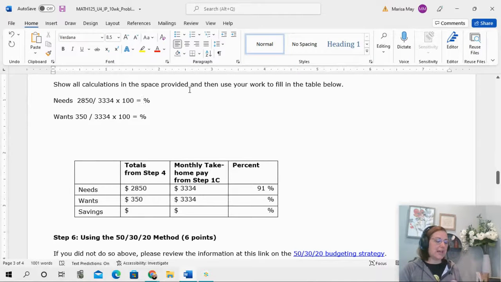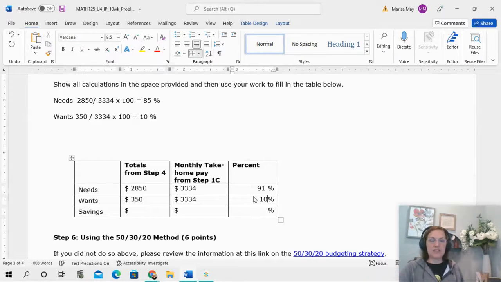So let's do that division in our calculator and then multiply by 100. It's going to give me 85%. Now my wants, I'm going to do 350 divided by my 3,334 and multiply that by 100, and that gives me 10%, which leaves me my savings to calculate.